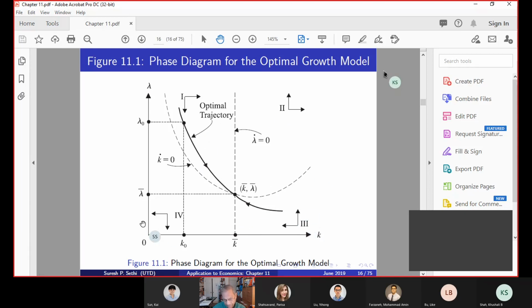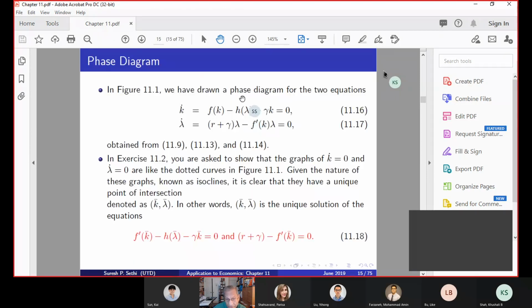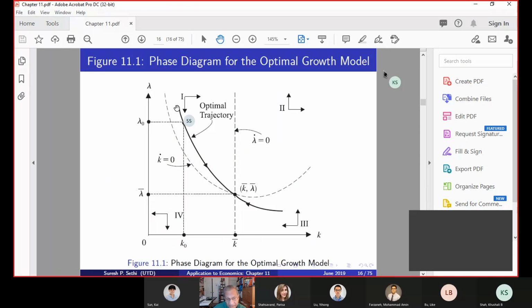4 quadrants. For each quadrant, if I begin with a point, I can show that, and I'm just giving you a very big picture now, and then we'll put everything together. If I'm at a point here, I can easily conclude that x will increase and lambda will decrease. So if I start with this point and solve these two equations, x will increase and lambda will decrease. This arrow says what is going to happen.